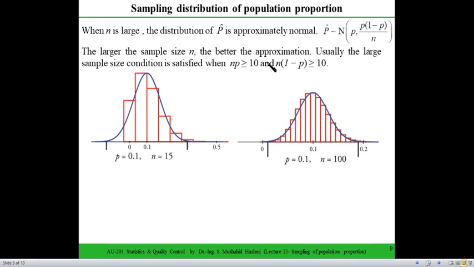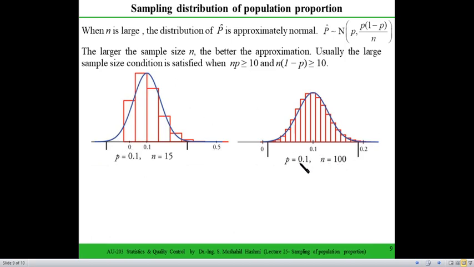And if you look at different distributions, for example, if your sample size is 15 and the probability of success is 0.1, the product of n and p, 15 into 0.1, would be 1.5, a smaller number. We can see that this distribution is not exactly normal, because a lot of area is going outside the normal curve, but it gets closer as your sample size increases.